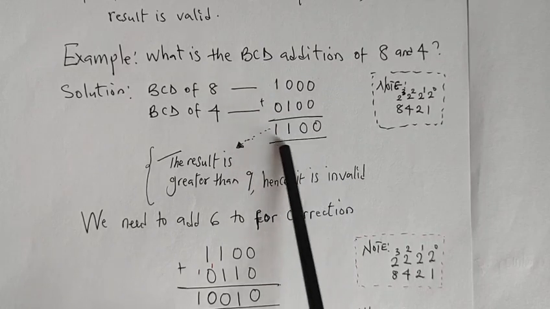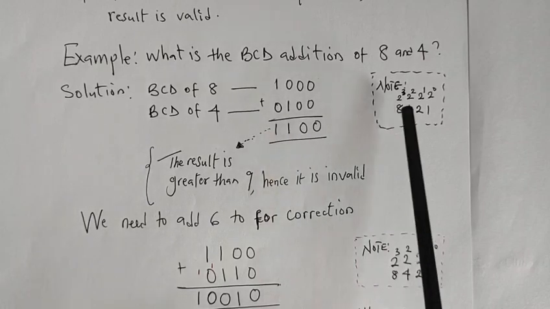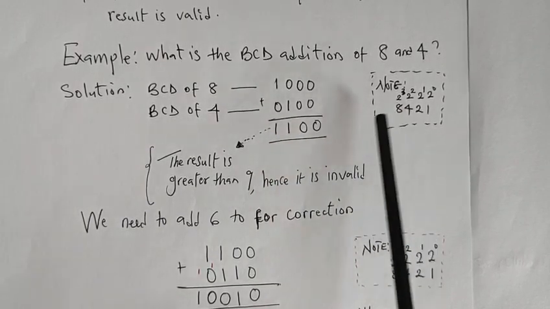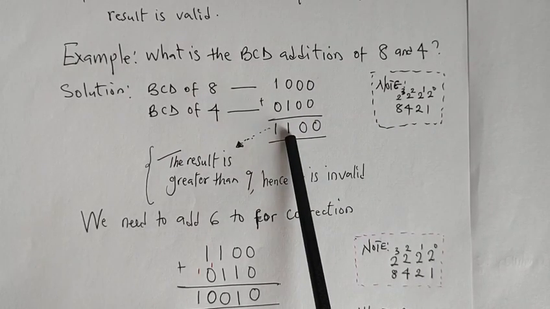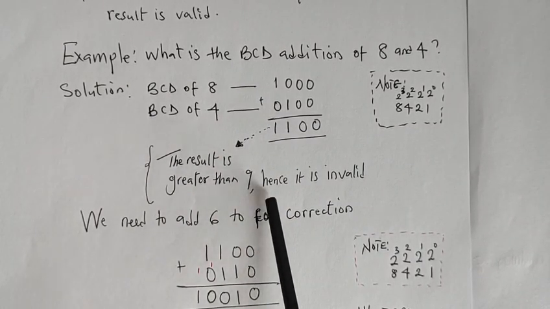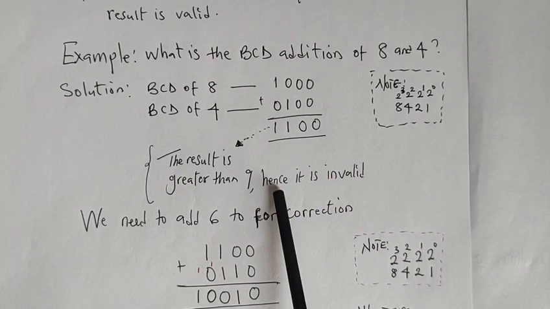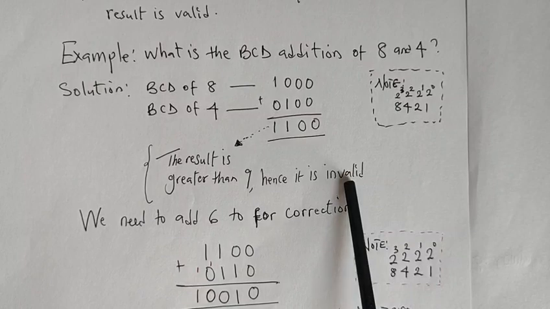Now if you check this result with this code, 8 is true, 4 is true, 2 is false, 1 is false. If you sum 8 and 4 together, you're going to have 12. So this result is greater than 9. Since 12 is greater than 9, what do we need to do? Because this is invalid, in order to correct this invalid result, we need to add 6 to it.